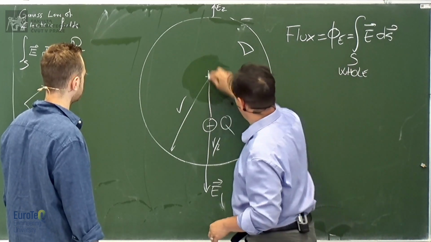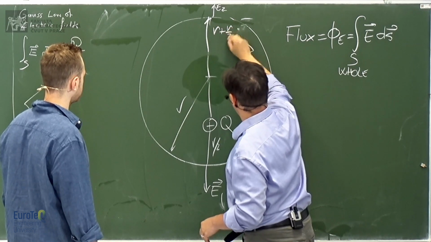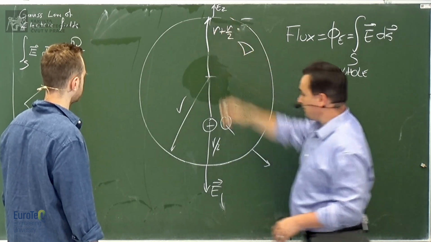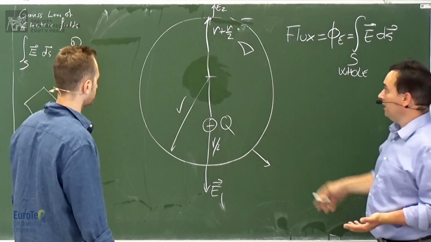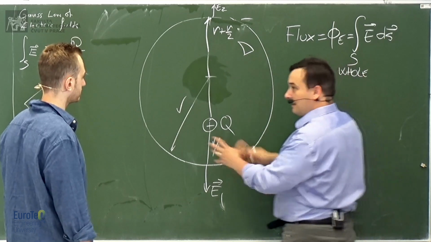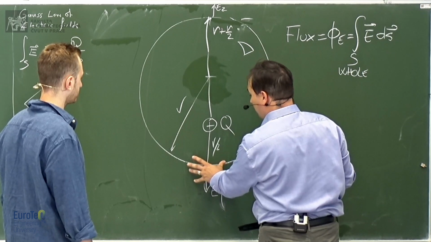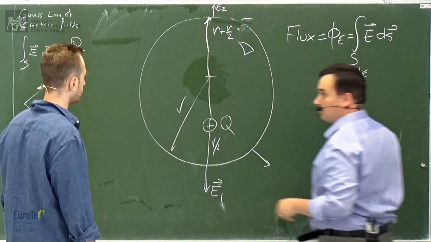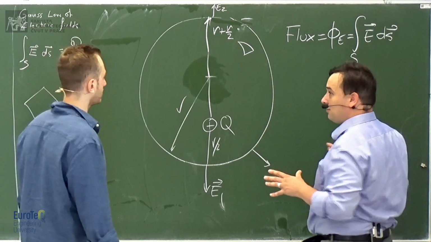And here the radius is R plus R divided by 2, okay? So definitely here it's closer to the source, so it's bigger. Here is smaller, okay? So when I start integrating, I find out that here there's more contribution to the flux and here less contribution to the flux, okay? But the total flux doesn't change.